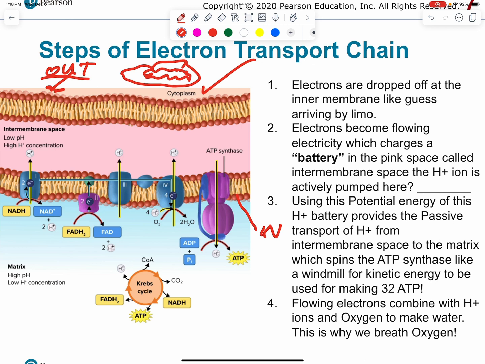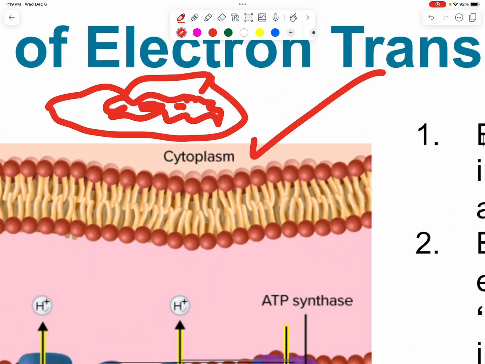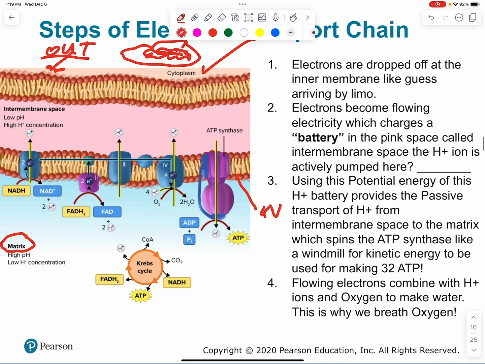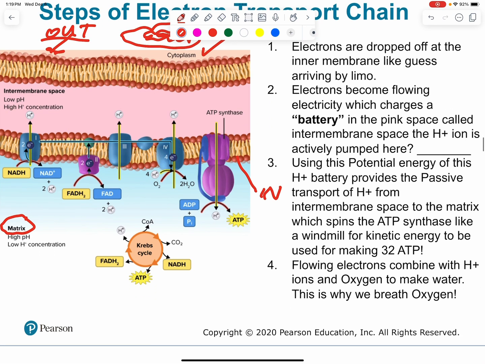And then this matrix is the very inside. So that's up here at the top. The matrix is this inner part right inside of that space wrapped up by the inner membrane. So you can see that the Krebs cycle happens right here in the matrix.